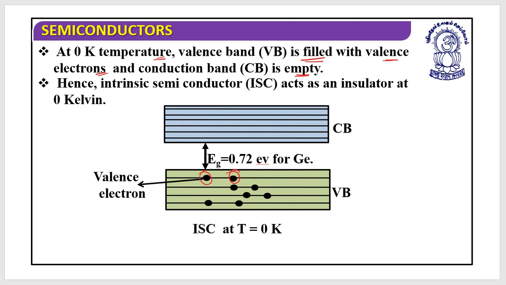Every configuration has a different pattern, because no two electrons can have the same energy level or the same status as another. And you can see the conduction band is completely empty; there is nothing that can conduct. So an intrinsic semiconductor acts as an insulator at 0 Kelvin.